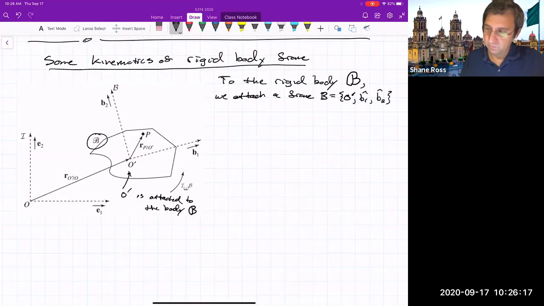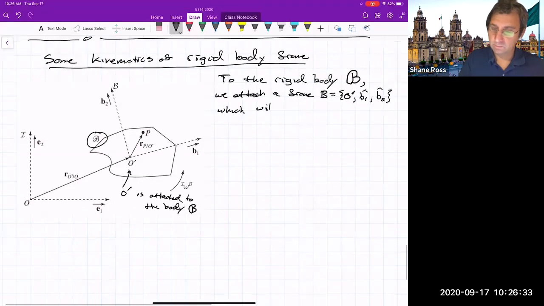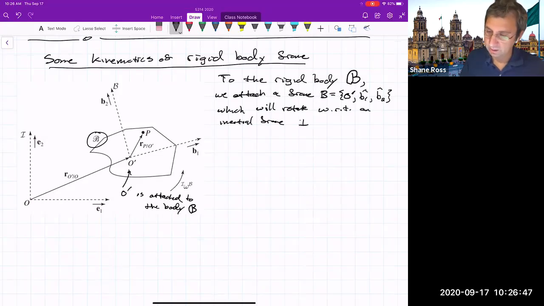So we attach this frame, which hopefully you can convince yourself at least B1 and B2, those directions, will rotate with respect to an inertial frame, which I've got over here as I, and it's got the origin O and then inertial directions E1 and E2.